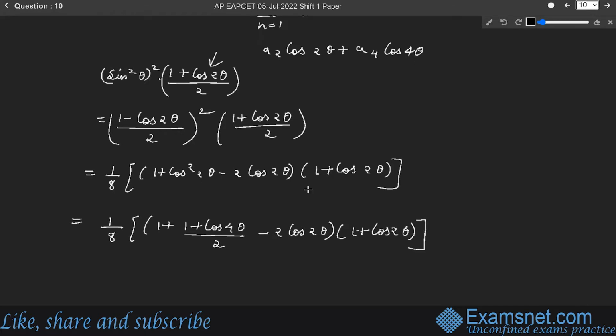Here we have used a formula. We know that cos²θ is (1 plus cos 2θ) upon 2. Therefore, cos²2θ will be equal to (1 plus cos 4θ) upon 2. Now taking 2 outside, it will be 1 upon 16 into (3 plus cos 4θ minus 2 cos 2θ) into (1 plus cos 2θ).